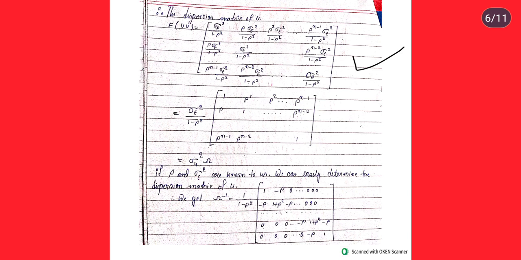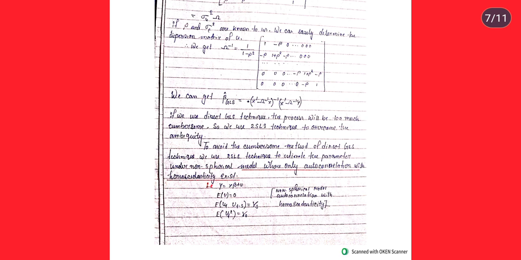In this way the last row ends with 0s, and then minus rho and 1. So we get beta hat GLS equal to (X transpose omega inverse X) whole inverse X transpose omega inverse y. It is the same as beta hat OLS, that is (X transpose X) inverse X transpose y, but here the omega inverse term is extra.